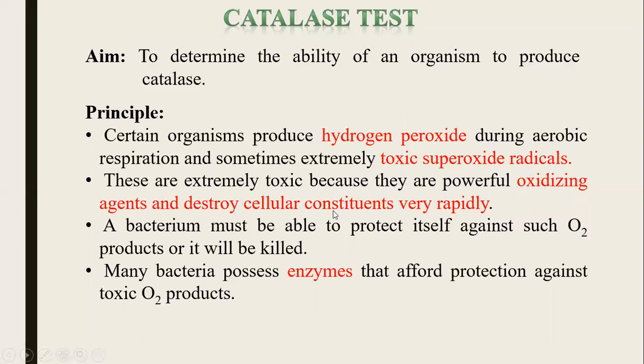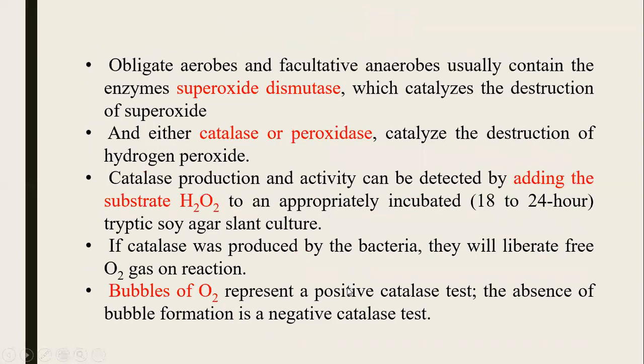Aerobic bacteria possess an enzyme like catalase which converts this into water and oxygen. So the bacteria must be able to protect itself against such oxygen products or it will be killed. Many bacteria possess enzymes that afford protection against these toxic oxygen products.